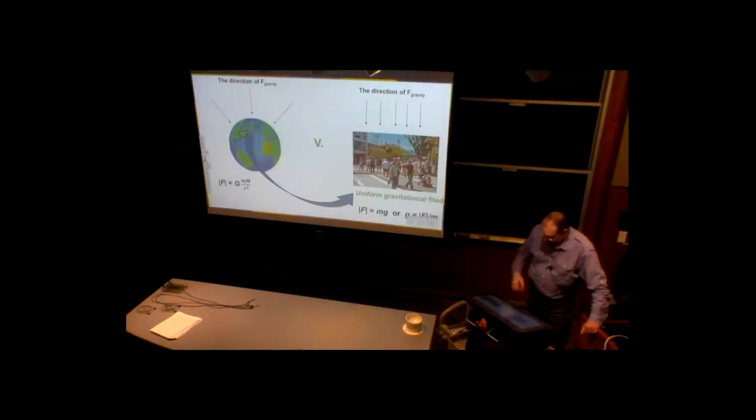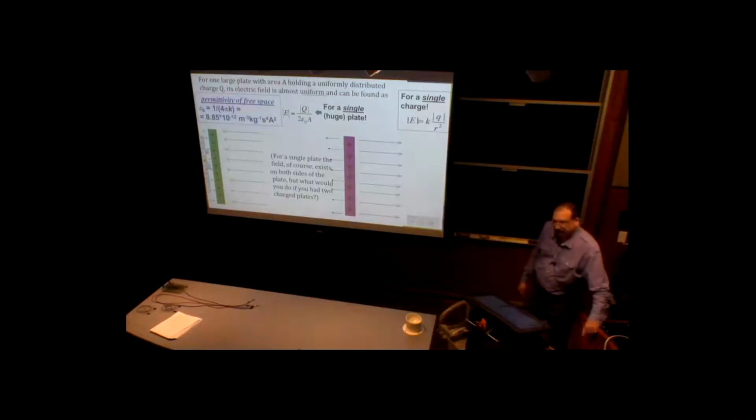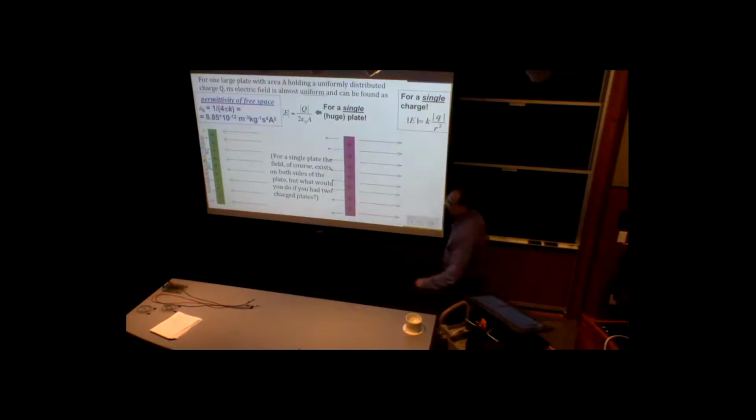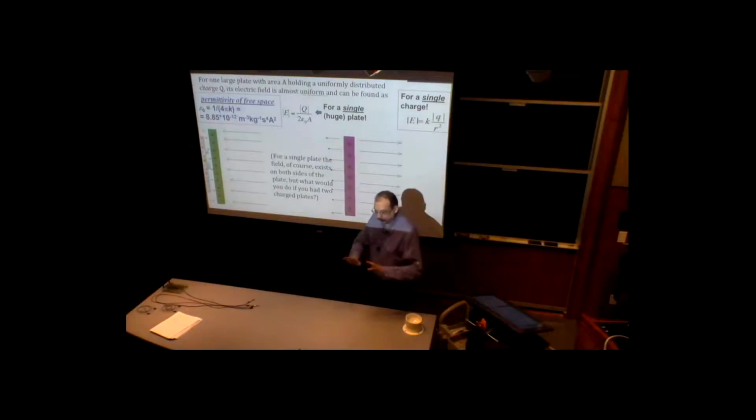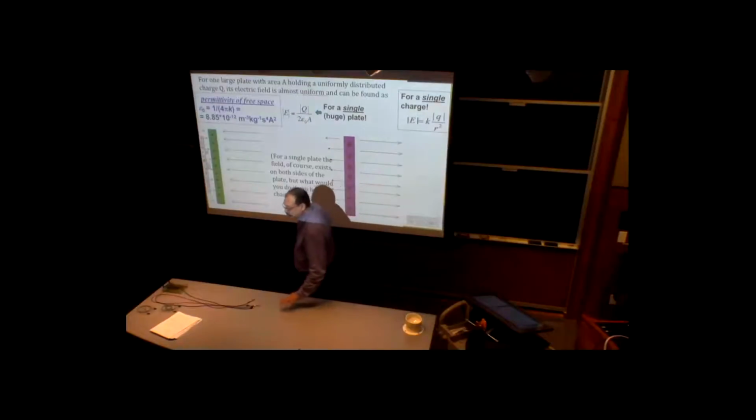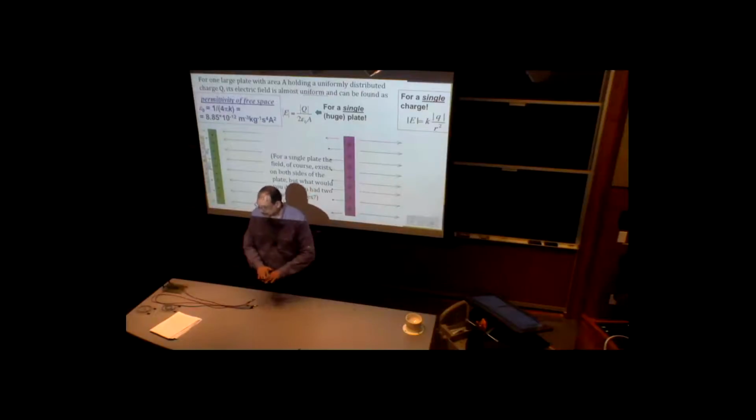Now, for us, what's important is we also can generate a very uniform electric field. We just need something large and flat, like Boston. So if we have a very large plate, we put a charge.